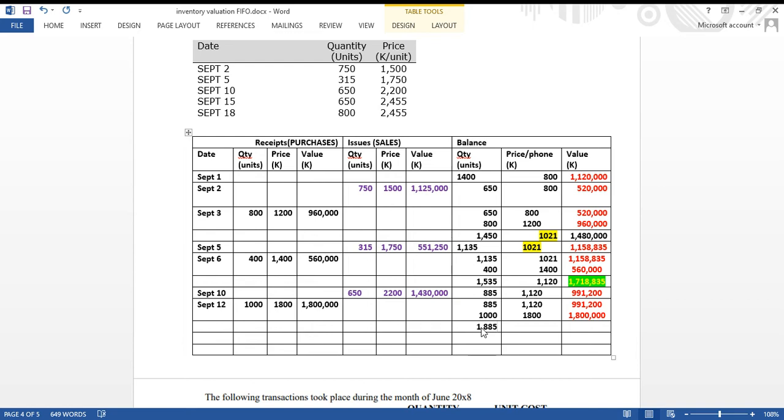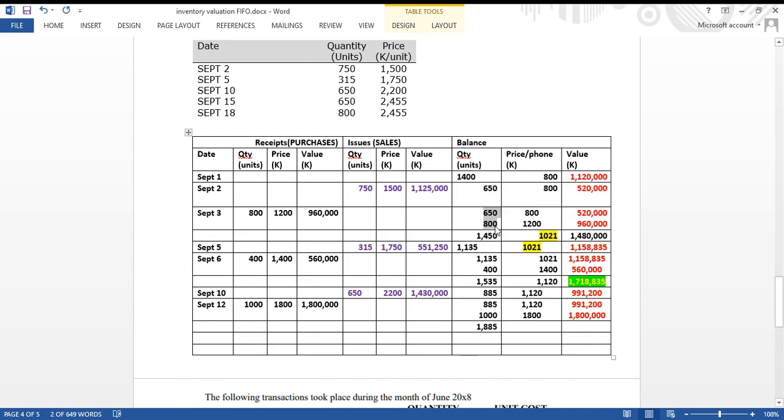Between September 3rd and 5th, why did we find the average cost before concluding? Oh, you're saying between 3rd September and September 5th. September 3rd, we bought units. Since we brought in units, we have to find the average cost. Whenever you buy units, you have to find the average.